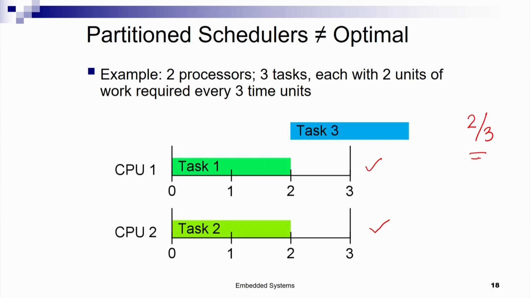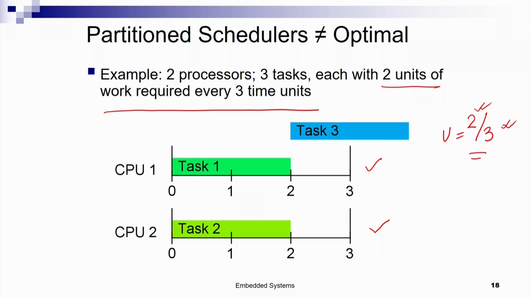So, 2 units of work are to be done every 3 time units. Its period is 3 and its execution requirement within this period is 2, so its utilization U is equal to 2 by 3. We have 3 tasks like this.